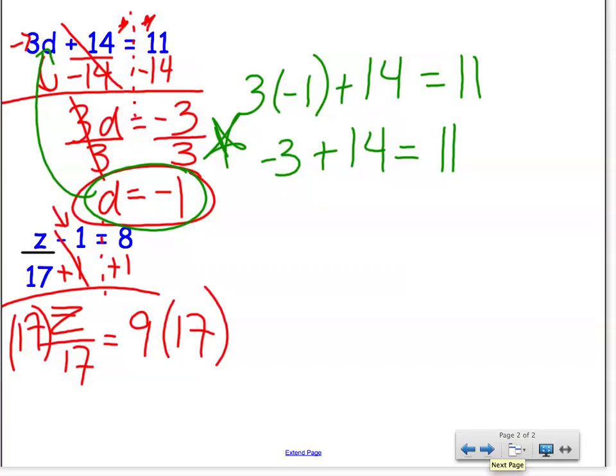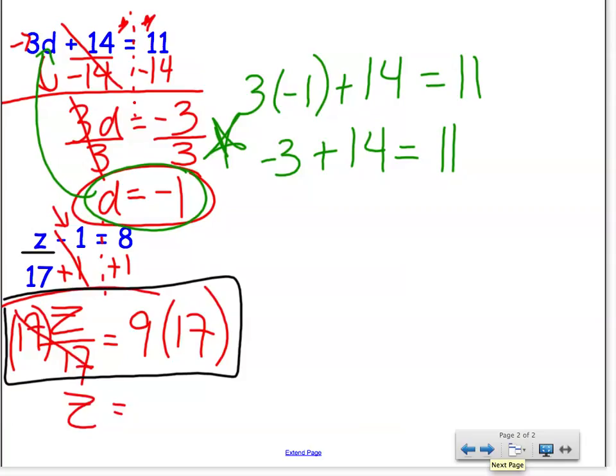Now this step right here, you have already practiced a lot, so you should know what you're doing once you get to this step. Okay? These will cancel. z is equal to 153. Now your math teacher just used a calculator, so do you think this is calculator appropriate? Yes, most definitely.